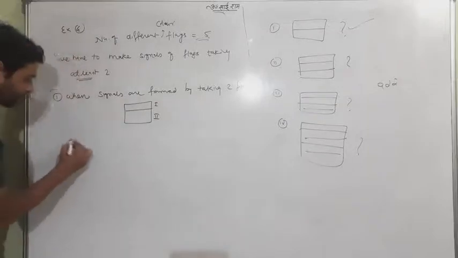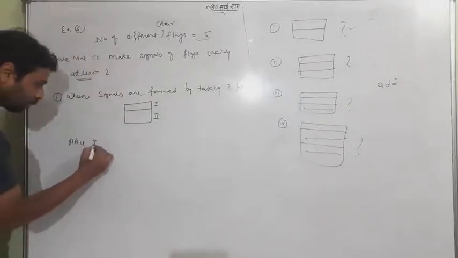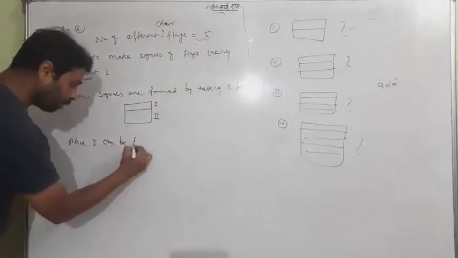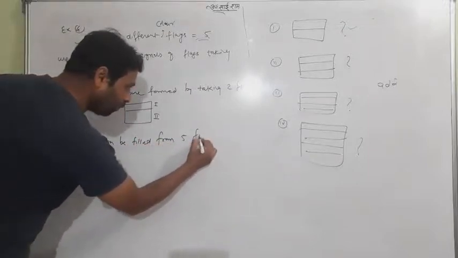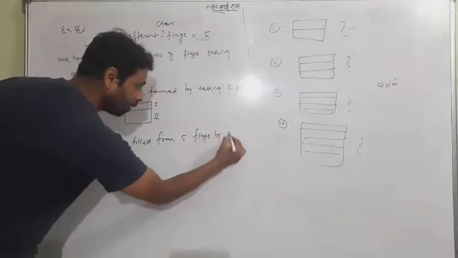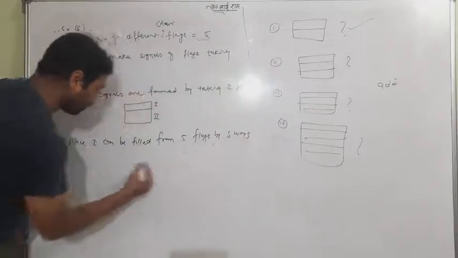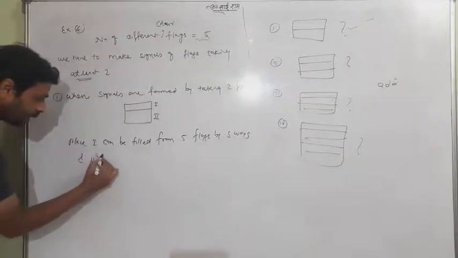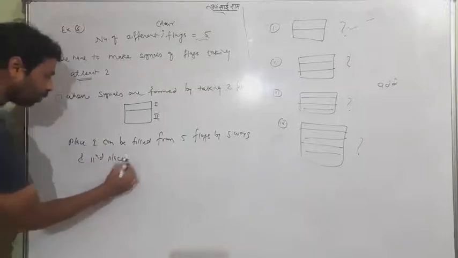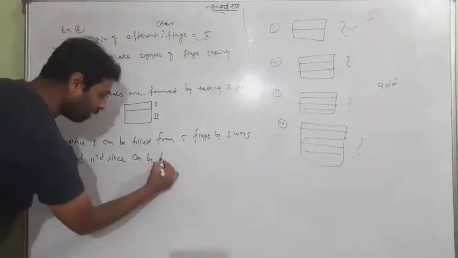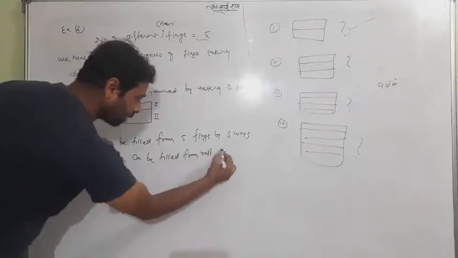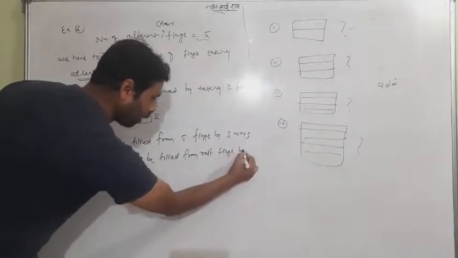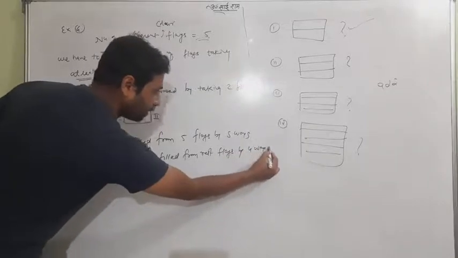So I'll write here, place 1 can be filled from 5 flags in 5 ways, and second place can be filled from the rest of the flags in 4 ways.